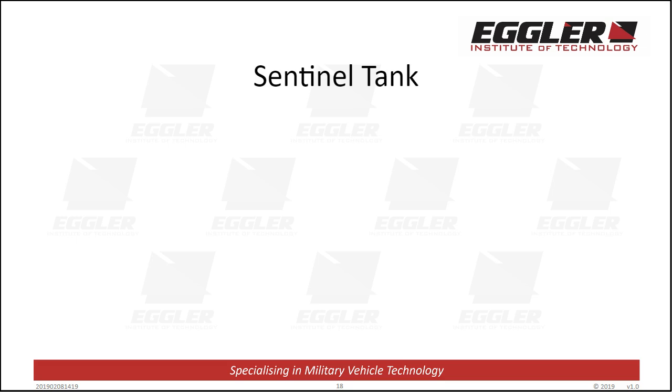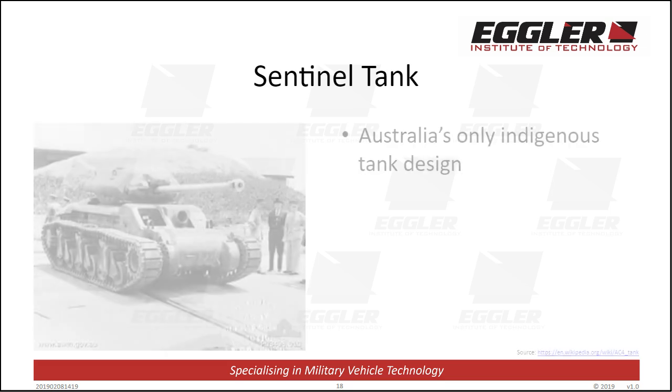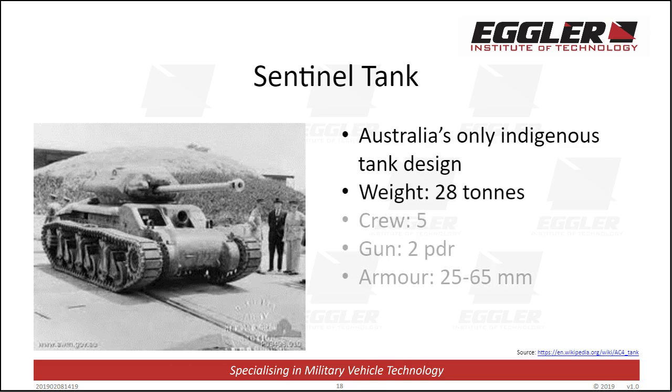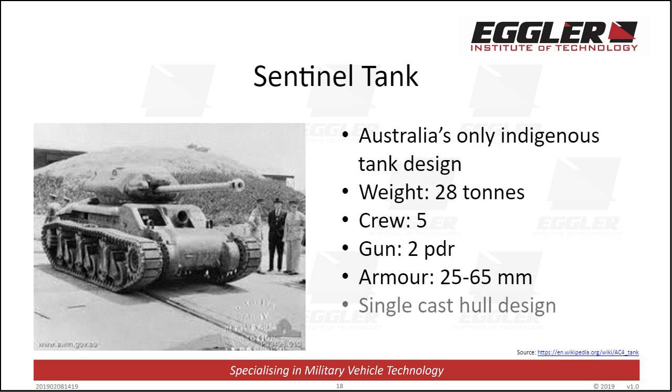Another interesting tank from the World War II era is the Australian-designed Sentinel tank. This tank weighed 28 tons and had a crew of 5. The crew consisted of a commander, gunner, driver, loader, and radio operator. This crew arrangement was common for fighting vehicle designs of World War II. The novel design aspect of this vehicle related to the fact that it was made from a single cast hull, rather than welded steel plates.